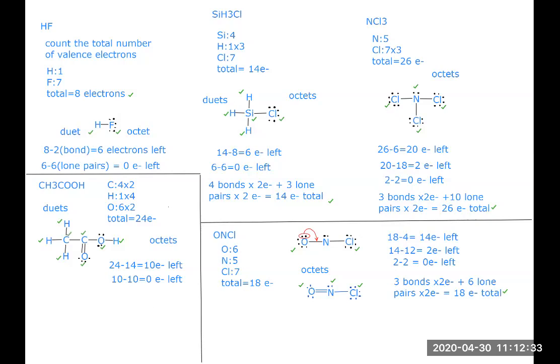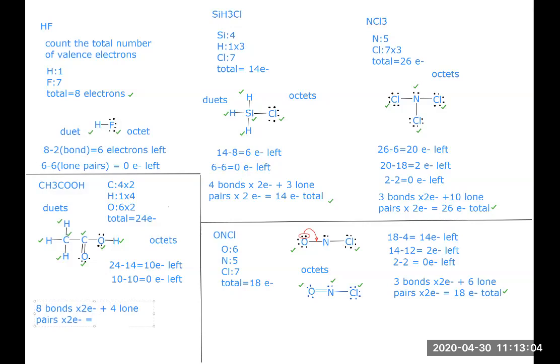So let's count. We have 1, 2, 3, 4, 5, 6, 7, 8 bonds. You know, I'm not taking into account that it's double bonds. So 8 bonds times 2 electrons each. Plus lone pairs, we have 1, 2, 3, 4 lone pairs. 4 lone pairs times 2 electrons each.